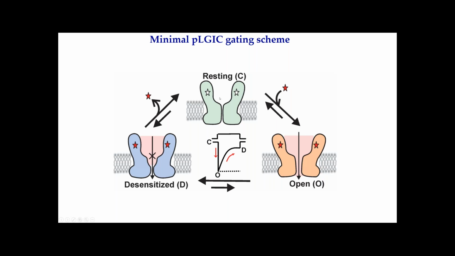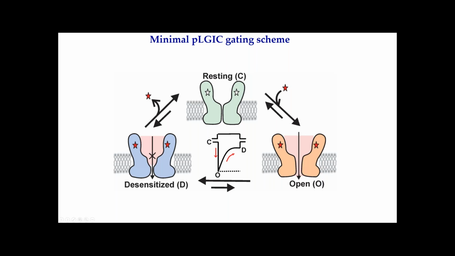Although both resting and desensitized states are non-conducting, from a pharmacology point of view they are very different in that they have different affinities for serotonin, and different affinities for the drugs that modulate these receptors. So an important approach towards targeting these drugs for therapeutic uses is to design, or look at, a drug that is targeting specific conformations.